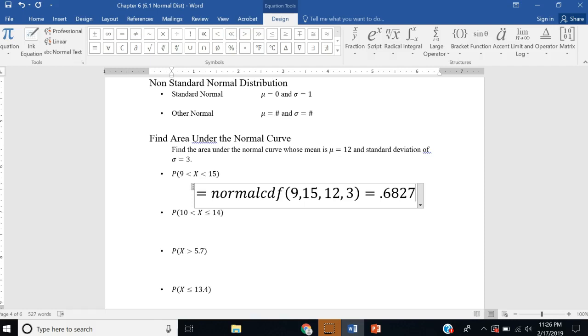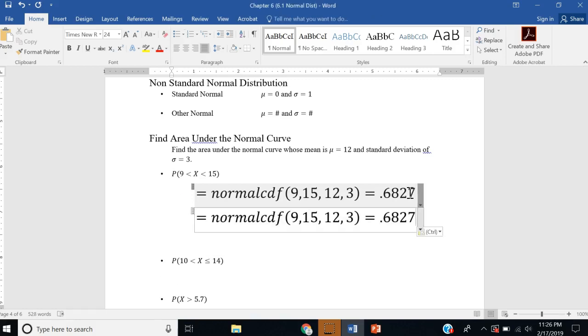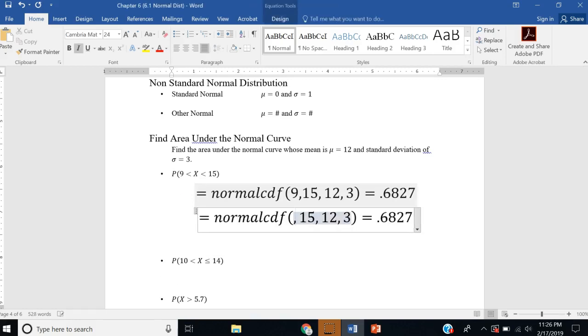Now that should look really familiar, because that was the exact same probability we got on the standard normal curve when answering what is the probability that we're within one standard deviation of the mean.